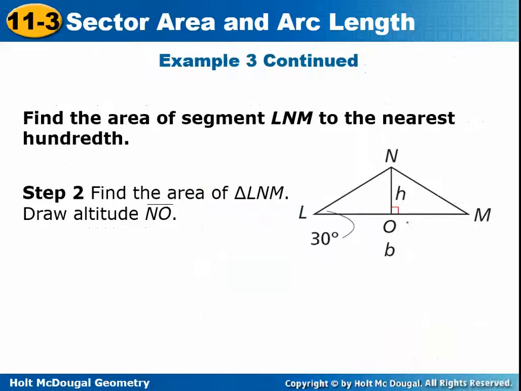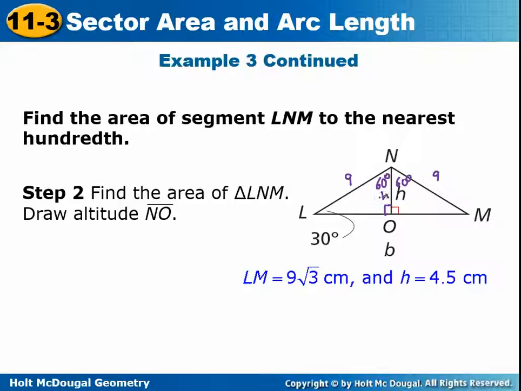So I'm going to turn the page so you can see this. So this was 60. These are the 9s. And you can use sine, cosine to find the measure of the height, or you can use the special right triangles.